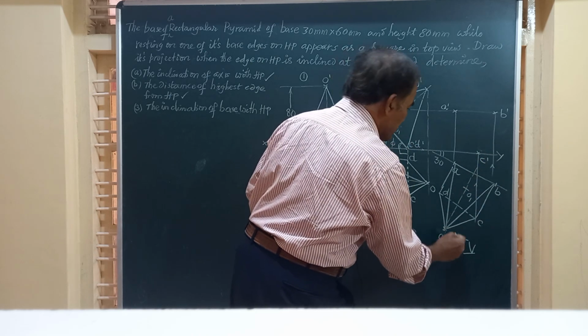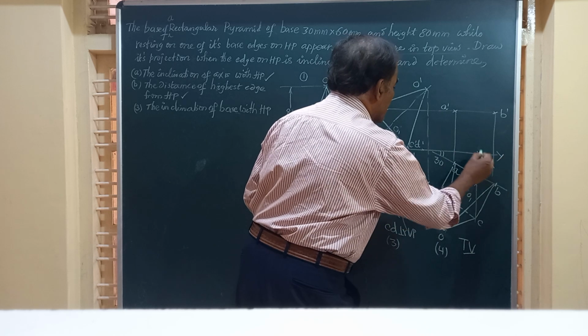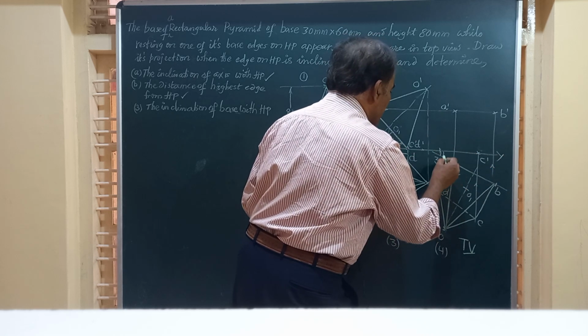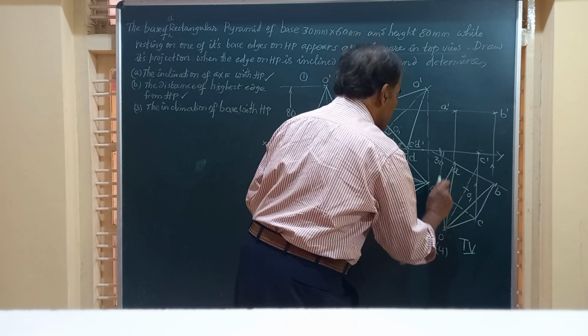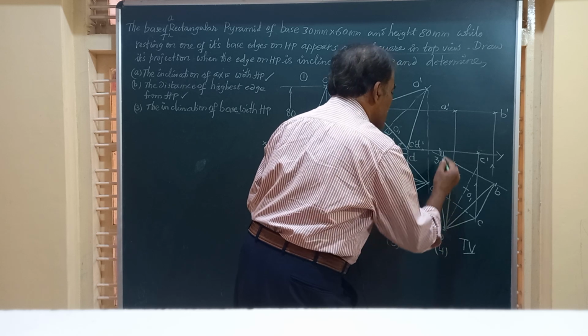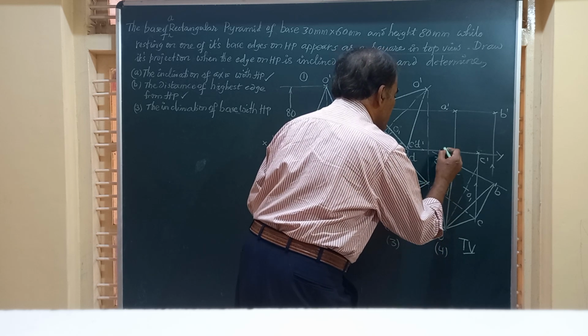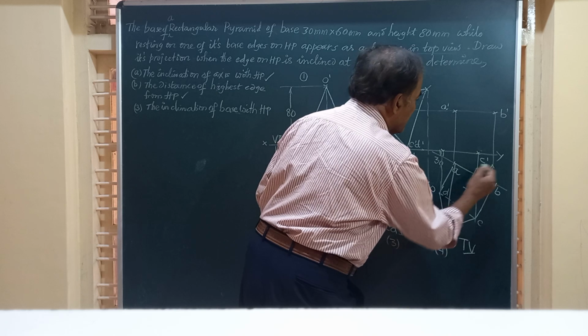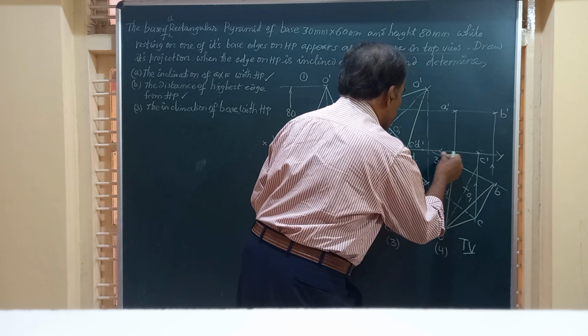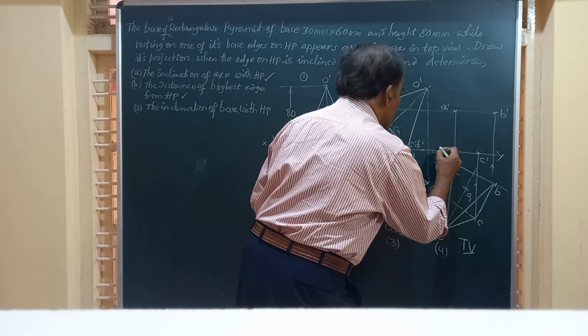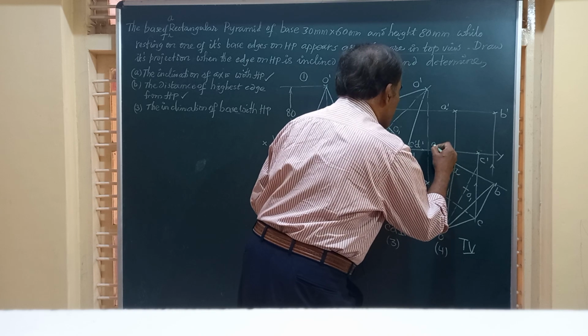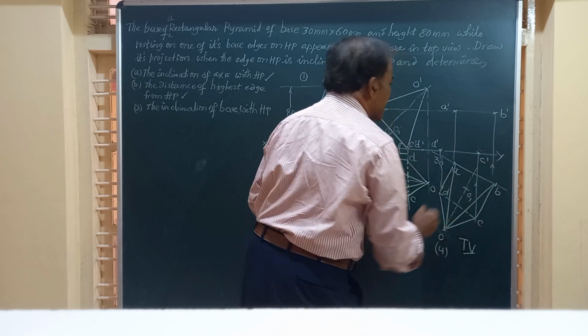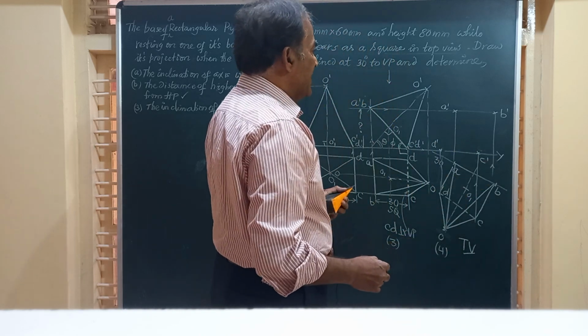Similarly, D, friends, D is here at equal distance from there. You get this point D. Little closer here. This is point D. That is D dash, A dash, B dash, C dash, and D dash.